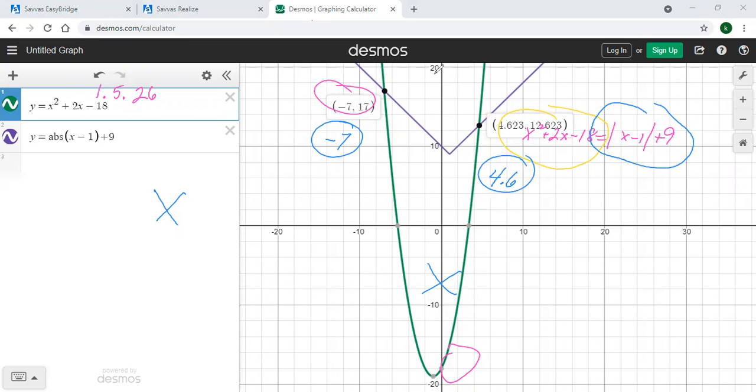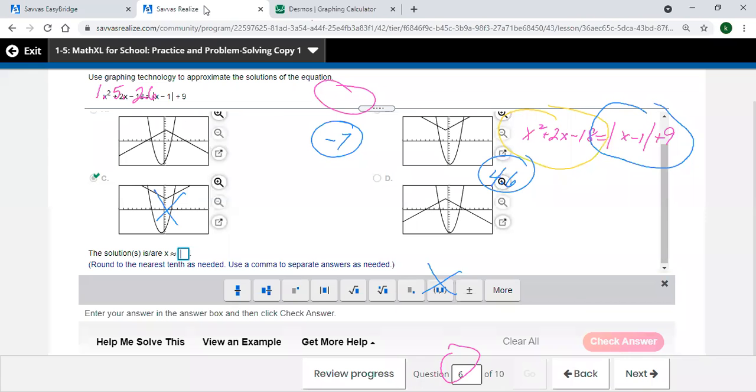And then let's go back to Savas. Clicking on that tab. And my two solutions again: -7, I think it says separate by a comma, and 4.6. These little things underneath, a lot of times I don't read them very carefully, and then sometimes I get it wrong just because I'm not following their directions, even though you did all your work right.